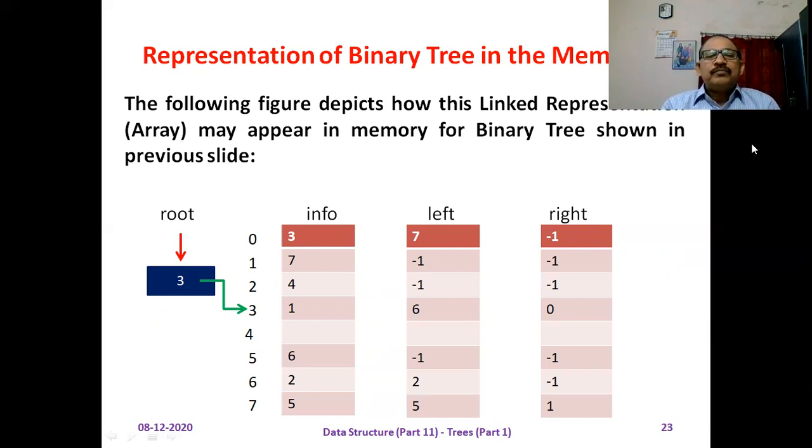Here you can see there are three parallel arrays: info, left, and right, and there is a pointer variable root. Here you can see the root has value 3. What does it mean? It gives the location of the root node in array info. Okay, means info 3 gives the root node value, and in the figure you can see info 3 is equal to 1, means the root node is 1.